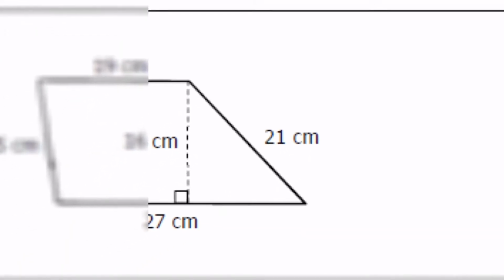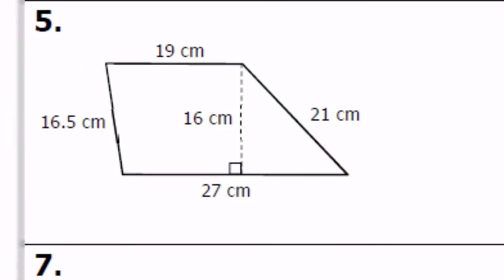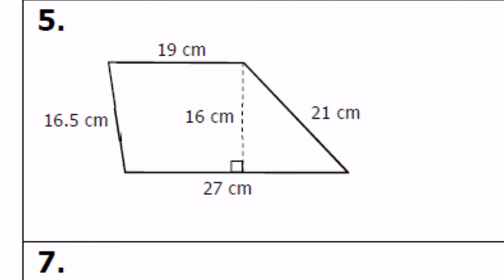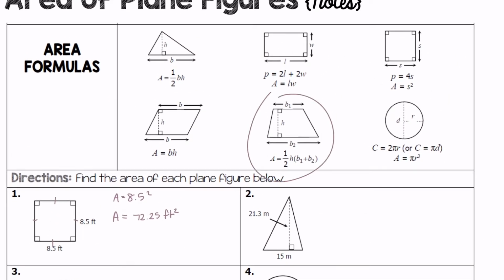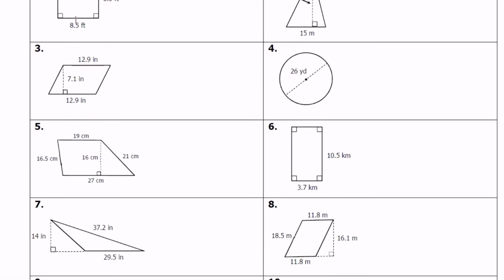But remember, they don't always have to be that way. In this case, this is a non-isosceles trapezoid. Because I have a right angle here, that means these two bases are parallel, making it a trapezoid, okay?